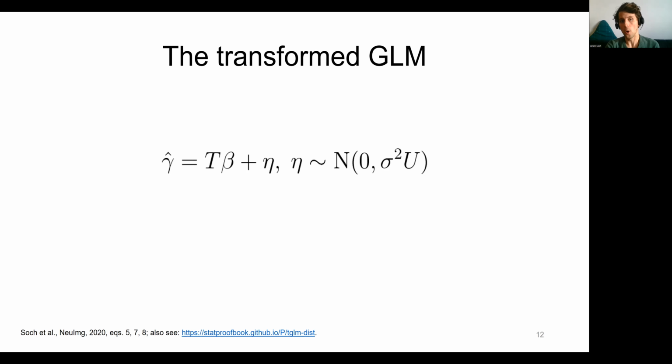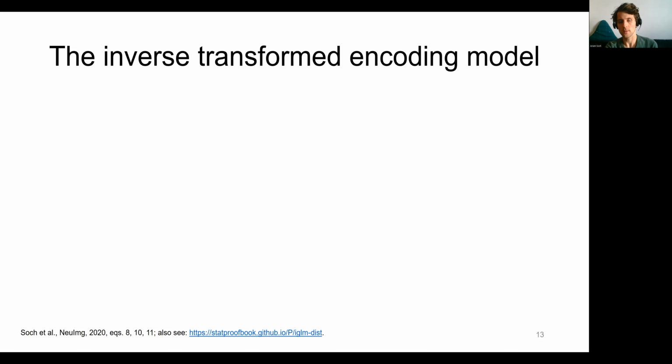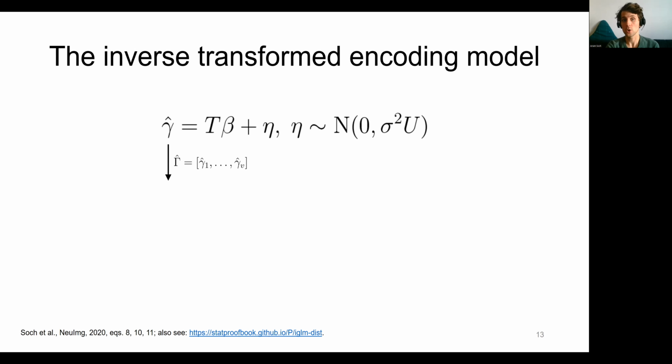So we have the transformed general linear model, which is operating on the level of individual trials, and which uses T as its design matrix and U as the covariance. How do we get from here to the inverse transformed encoding model? First, we can take this univariate linear model and collect trial-wise response estimates from multiple voxels, for example, in a searchlight, a region of interest, or the whole brain.